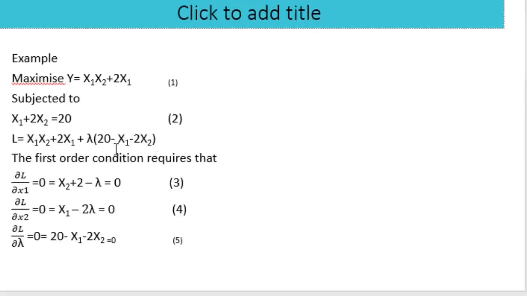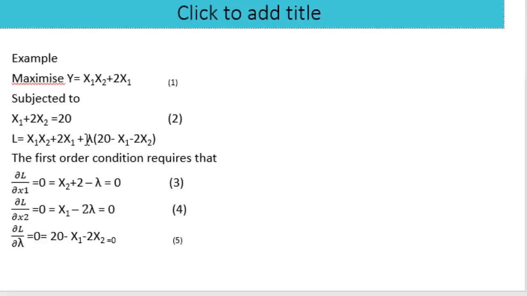Then take the first order partial derivatives. We have three variables x1, x2 and lambda, therefore there will be three equations. Dou L by dou x1 equal to 0, that is, differentiate this function with respect to x1. The differential of x1 x2 gives x2. The differential of 2x1 is 2.